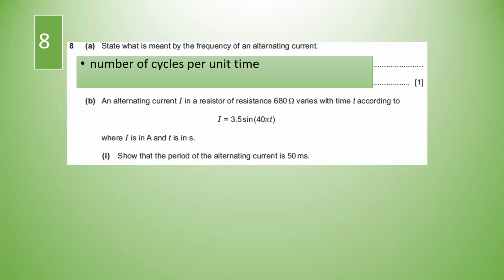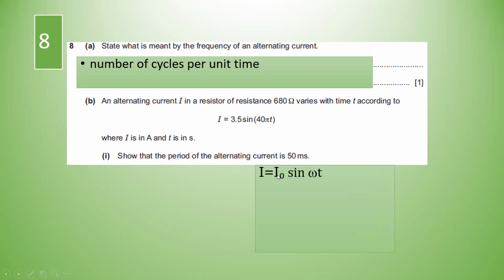An alternating current I in a resistor of resistance 680 ohm varies with time t according to I equals 3.5 sine 40 pi t, where I is in ampere and t is in seconds. Show that the period of the alternating current is 50 milliseconds.